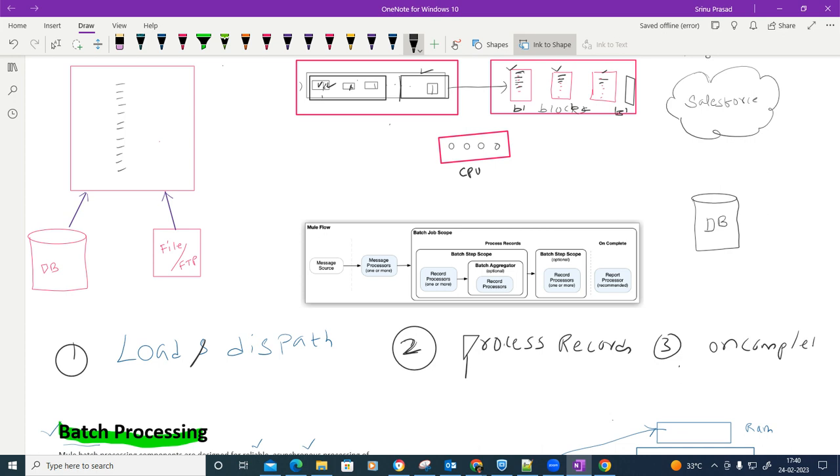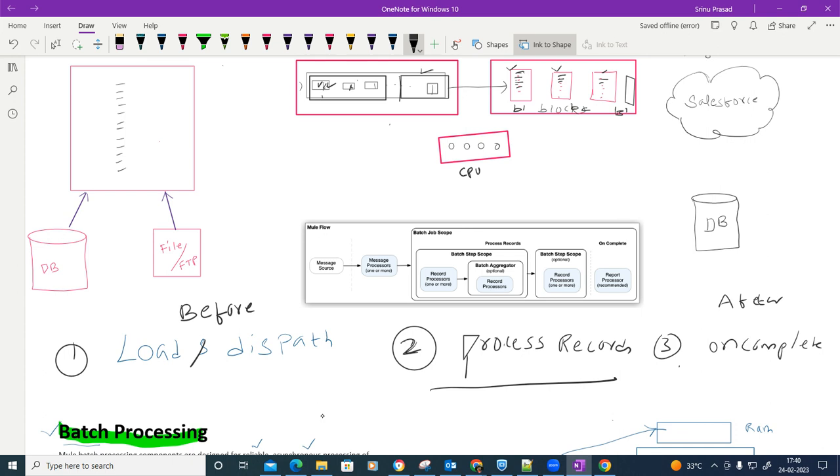To remember this, keep in mind that load and dispatch is before processing the records. It is a preparatory kind of stuff. In the process records phase, actual processing happens. In on complete, after processing the records, it's kind of reporting, how many failed, how many succeeded.